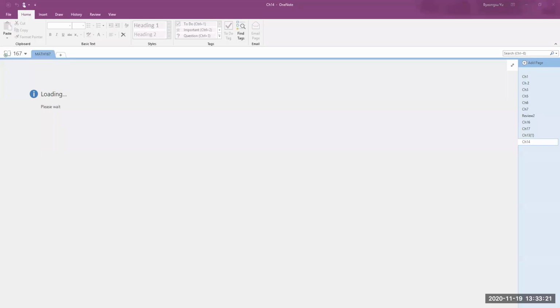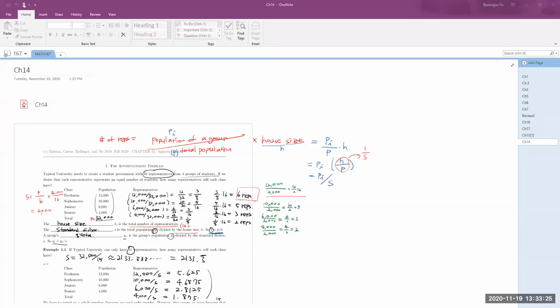Today we need to start the new section. The chapter quiz will be on chapter 14.